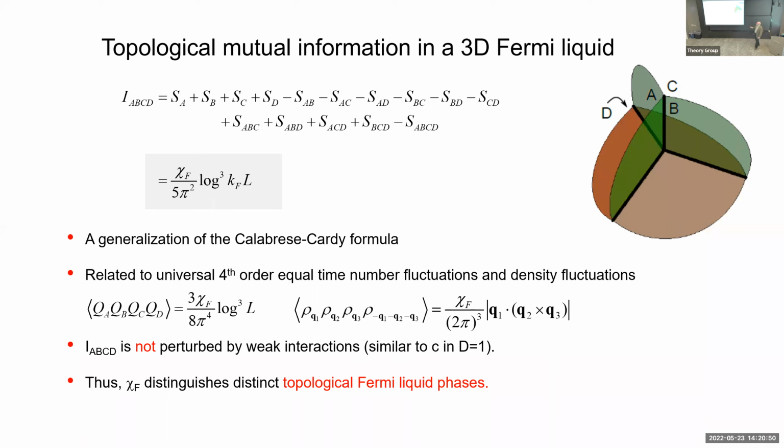Okay, and so what we've done is we've basically calculated this thing, and it has a universal log cubed divergence, with a coefficient that measures the Euler characteristic of the 3-dimensional Fermi sea. Okay, and so this is a kind of generalization of this Calabrese-Cardy result. Okay, for free fermions. Well, actually, for a Fermi liquid, I'm going to tell you that it's insensitive to interactions.